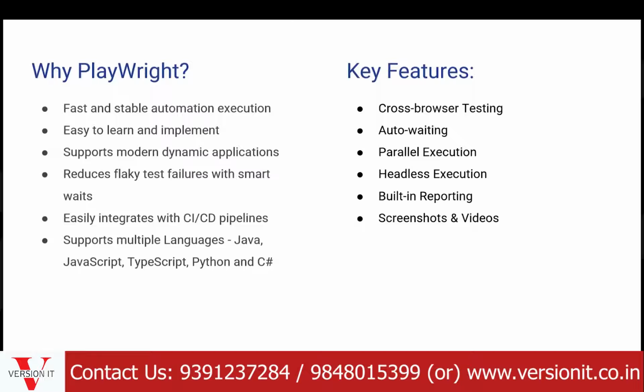Okay. And also there is one good feature in Playwright, which is smart waits. Because of the smart waits, it is not going to give you false failures. If any of you has worked with automation before, the main issue that we face is synchronization issues, correct?